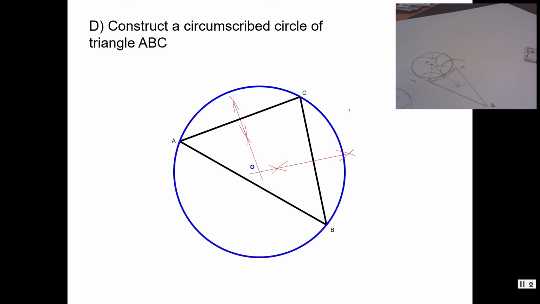I will not show you this example, because it's similar to the example in A, in which the circle goes through the three points. But I want you to still do this activity.